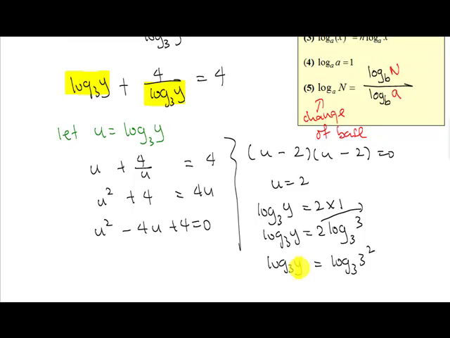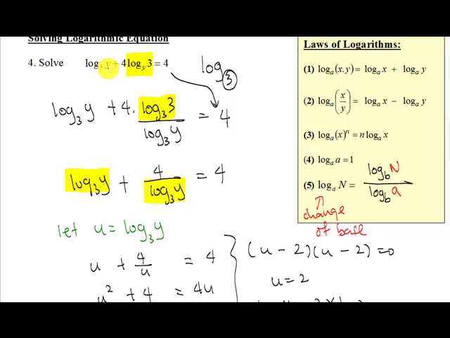And now this is log base 3 on this side of the equation, this is log base 3 on this side of the equation. We can conclude that y will be equal to 3 squared, equal to 9. Okay, so y takes the value of 9. It's always good to check back whether your answer is valid.